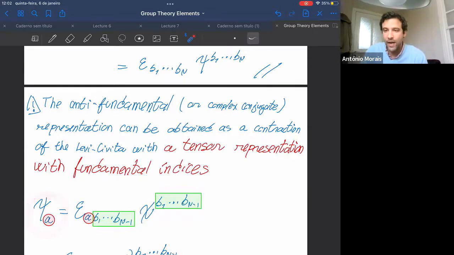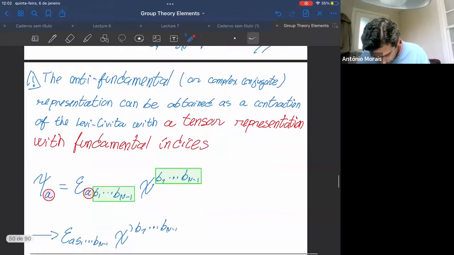That's why you have this psi a, and by definition this is the anti-fundamental representation of your symmetry. And chi is not fundamental; it's n-1 fundamental. Let's say it's a rank n-1 tensor. So this is quite interesting because you will use this in different contexts, as you will see.